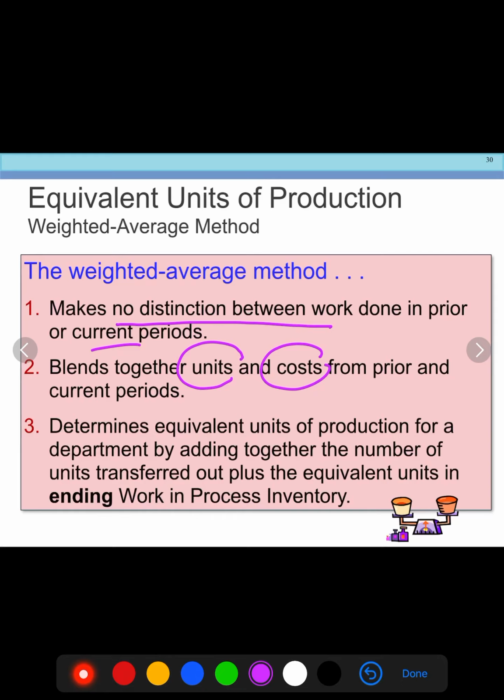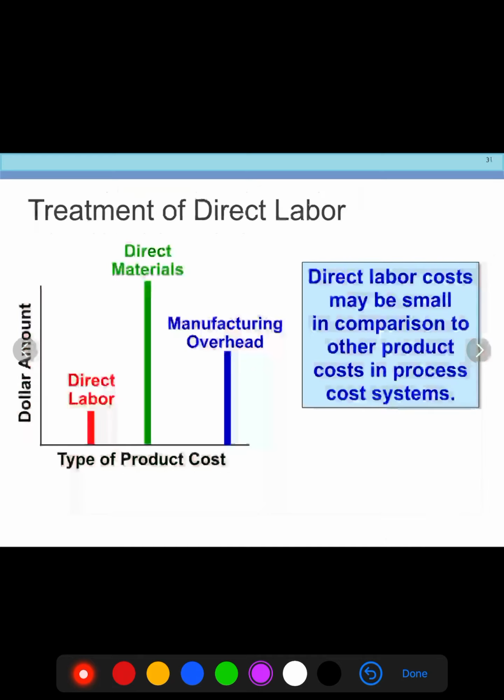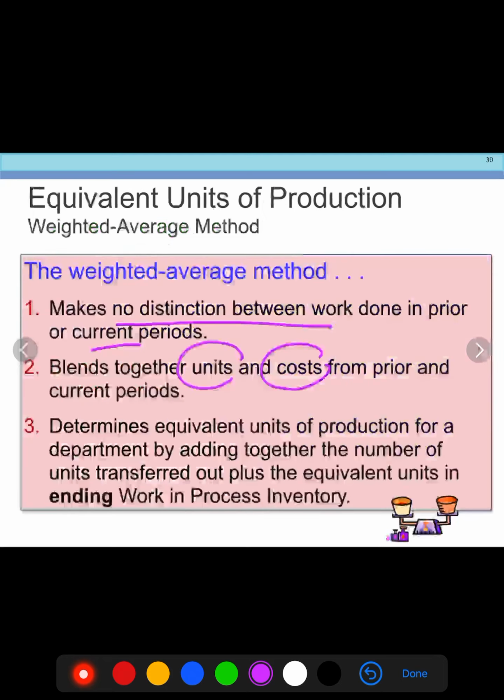Determines equivalent units of production for a department by adding together the number of units transferred out plus the equivalent units in ending work in process inventory. When you say, class, number of units transferred out, ito rin yung tinatawag na completed.